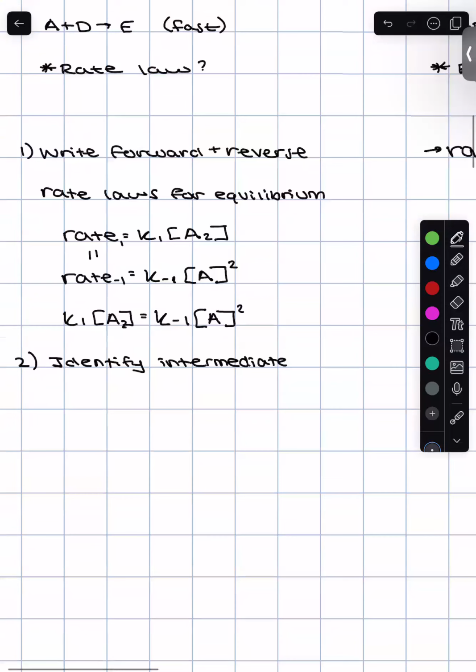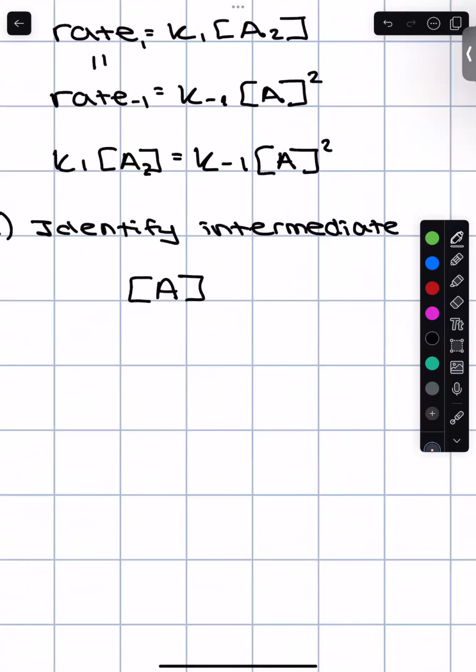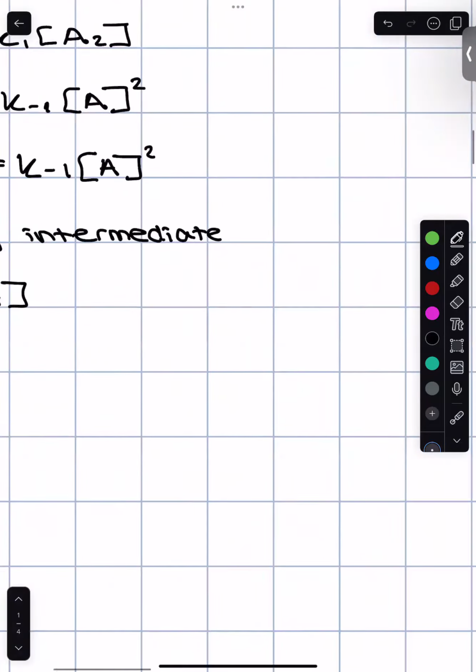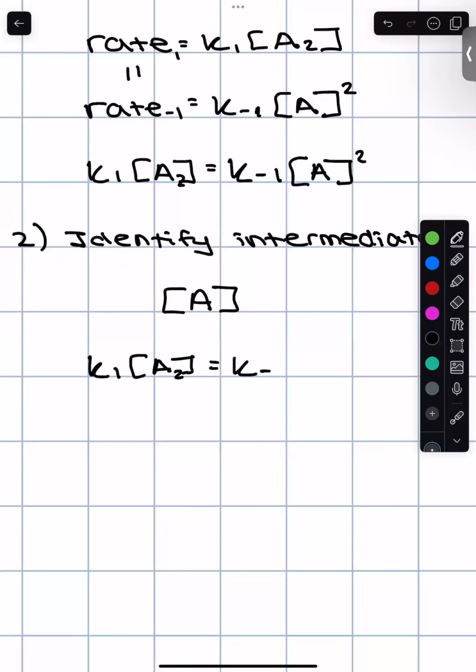So what you need to do is solve this for A. So we have K1 times the diatomic A is equal to K-1 times the concentration of A. So I'm going to divide over K-1. Because at this point, it's just algebra, right?